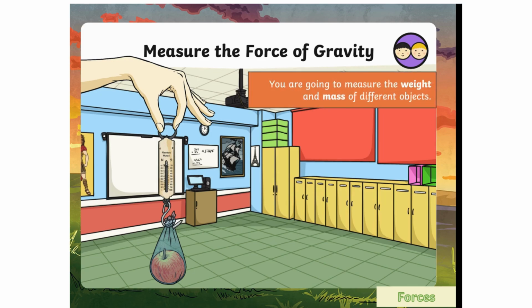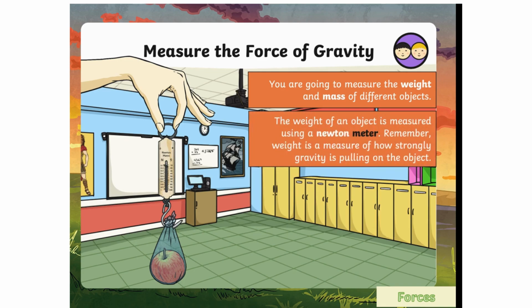All right. So you're going to measure the weight and mass of different objects. Get ready to perform the activity. If you are a traveler, you'll see most traveling people have these digital machines nowadays, right? So you can definitely use that as well to complete the activity. The weight of an object is measured using a Newton meter.